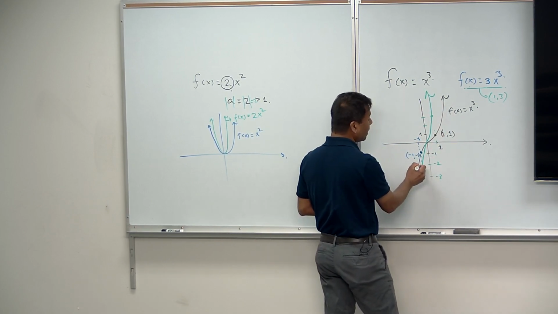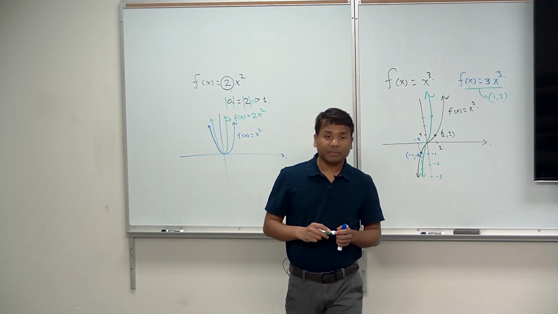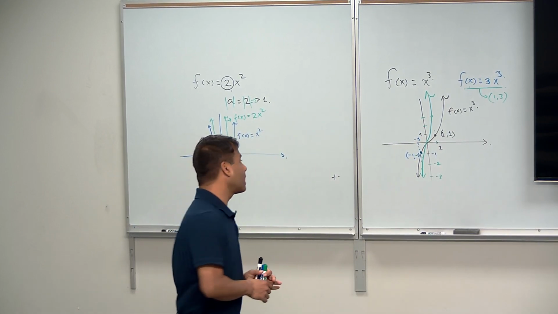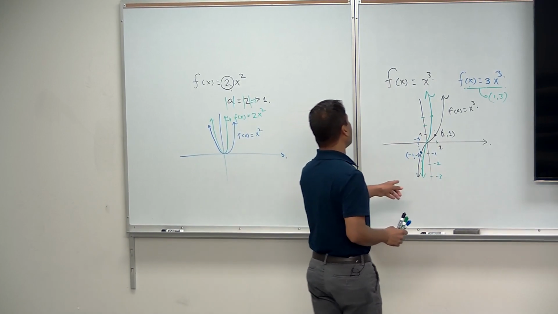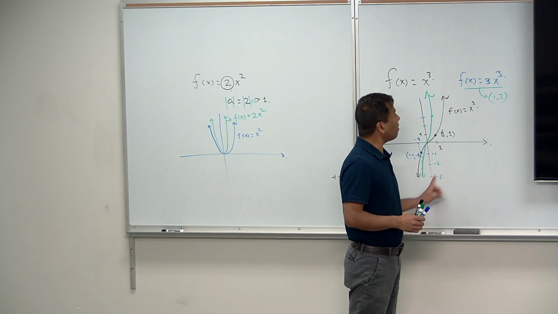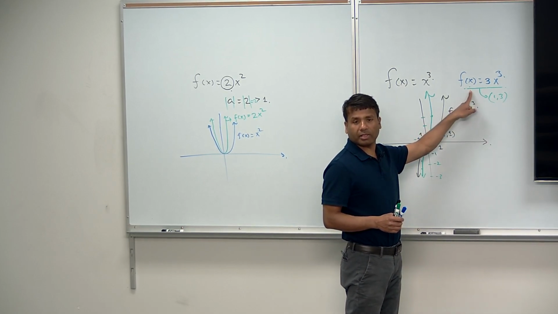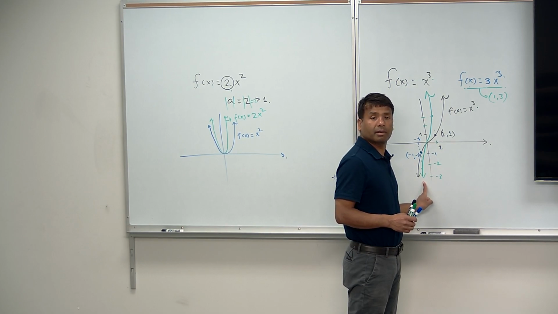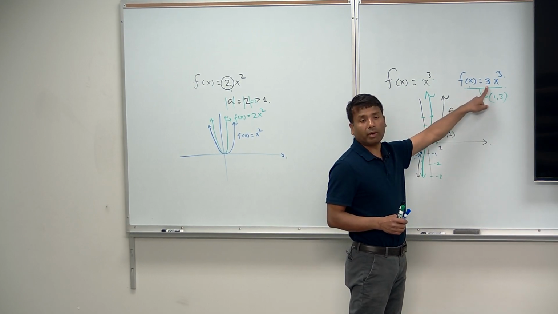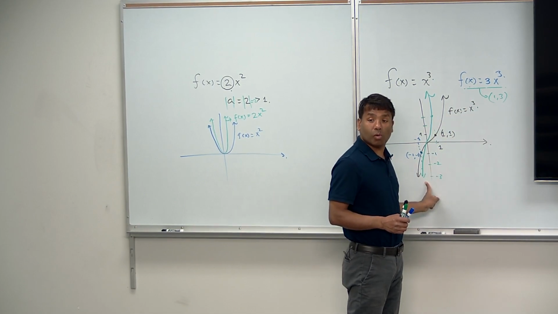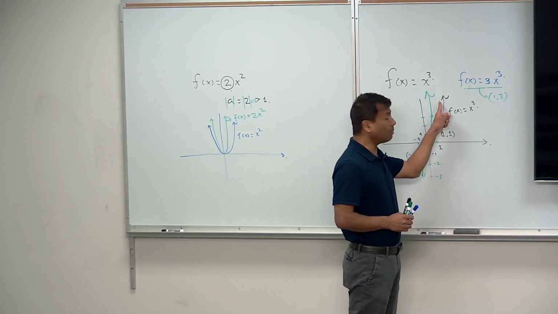Are you guys with me? Right. Did you see that? So the green graph is the graph of f(x) equal to 3x cubed. And this is vertically stretched by a factor of 3, and the green graph is narrower than the black one.